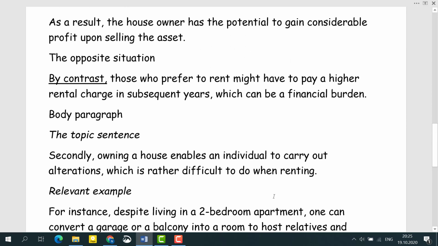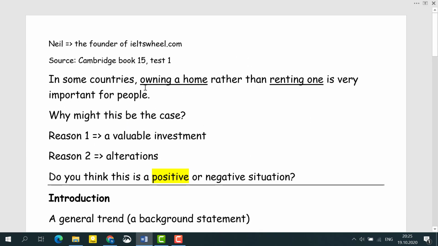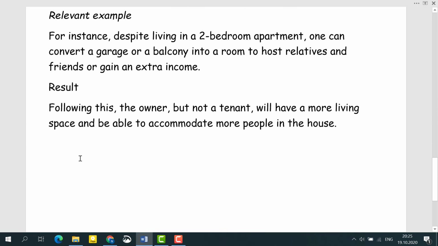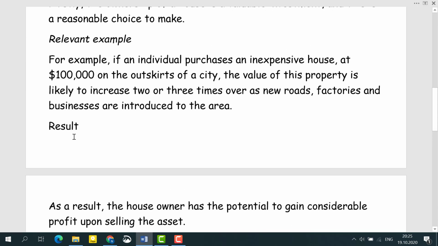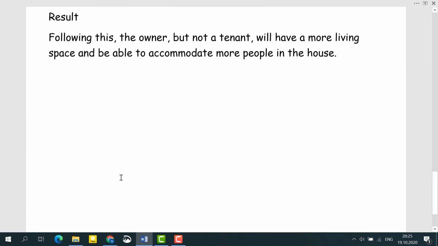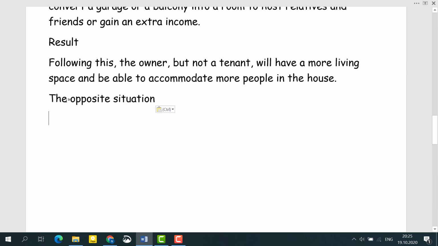So again, we need to compare and contrast, right? We're talking about two aspects, owning a home and then renting one. So in this case, if I want just to create a strong link to the essay prompt, I can just write the following sentence. Again, remember, our strategy is to talk about the opposite situation. Let me just copy and paste, and then I'll explain this in detail.